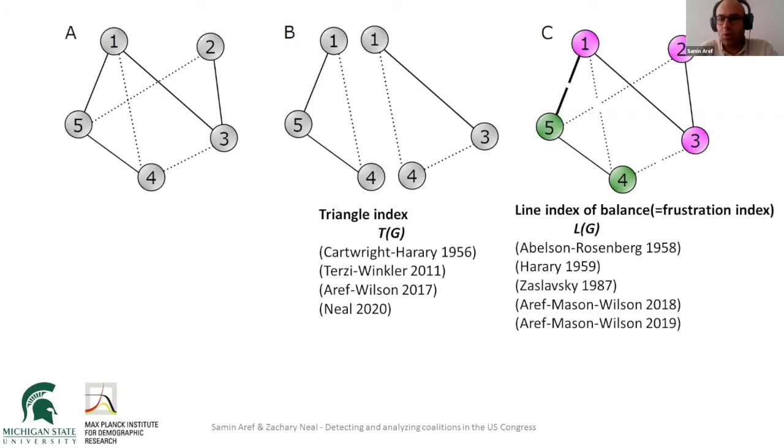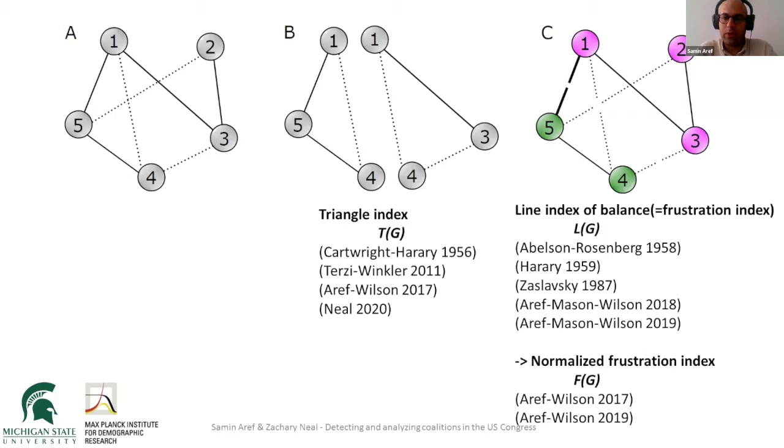And we can normalize this value so that we get something between 0 and 1. And this would be comparable to the triangle index, meaning that if we get a value of 1 on the normalized frustration index or triangle index, it means that the network is perfectly balanced, and smaller values closer to 0 means that there's less balance.